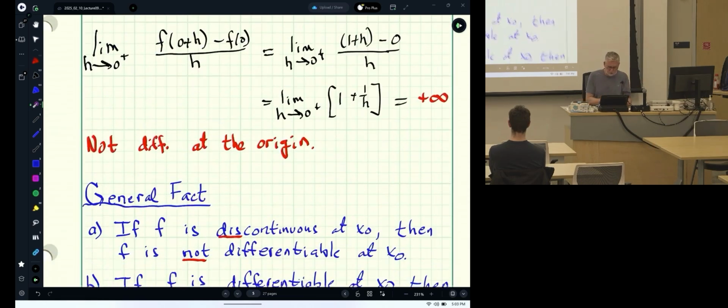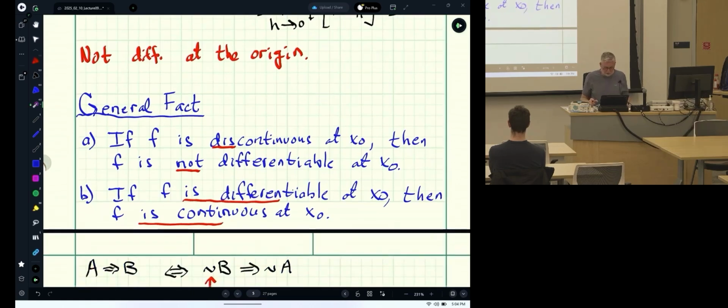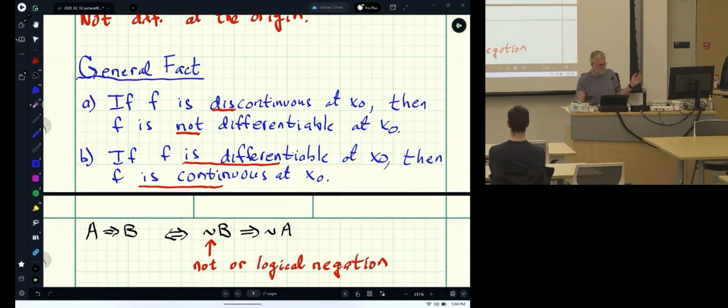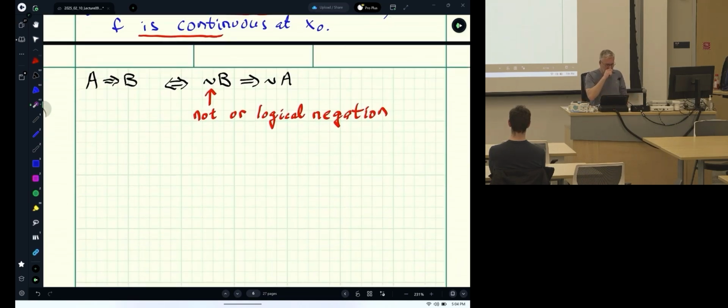I don't have to do this limit calculation to check differentiability. It's automatically not differentiable. So it just speeds up calculations, that's all. And if you want to see the formal proof, it's in the textbook, but I don't think it's super interesting, to be honest with you.